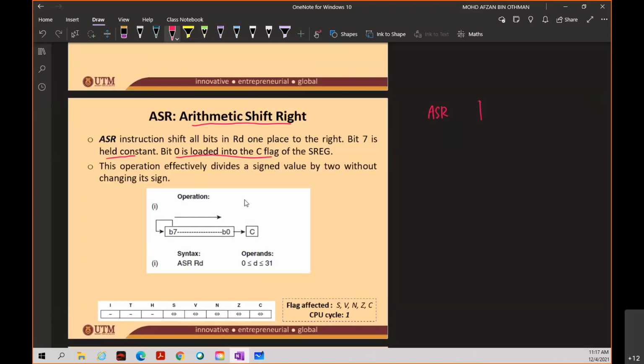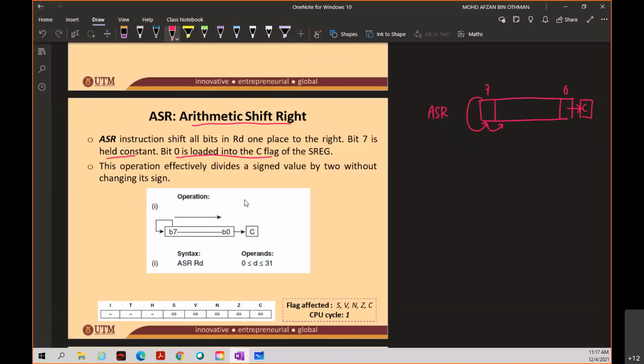You have 8-bit data, bit 7 to bit 0. This bit 7 here, you copy back the number. The number will remain at bit 7. And next, the other bits will be shifted to the right by 1 bit. What about bit 0? Bit 0 will go to your C flag.